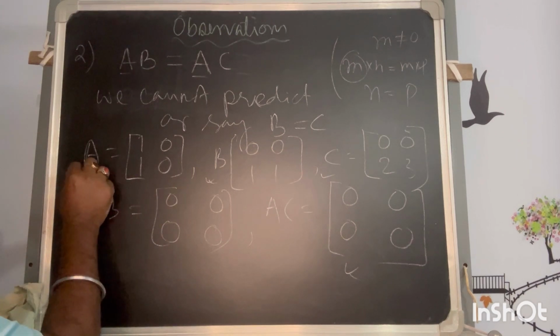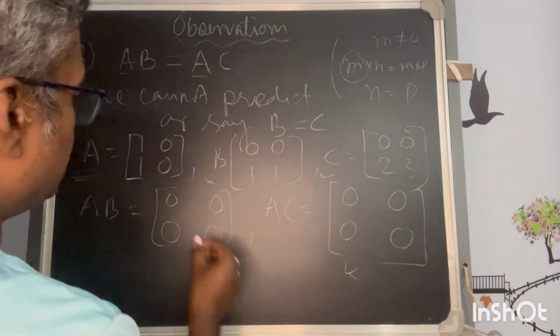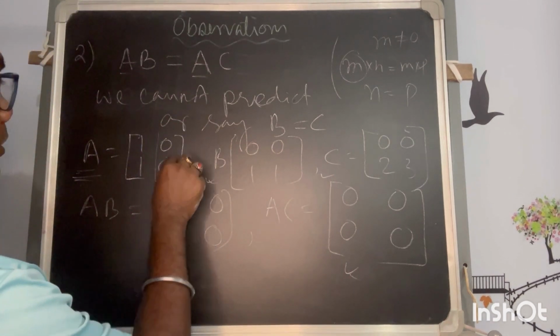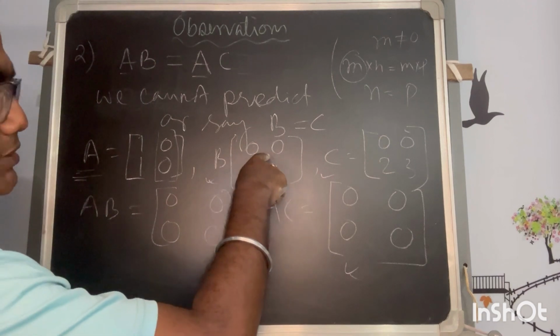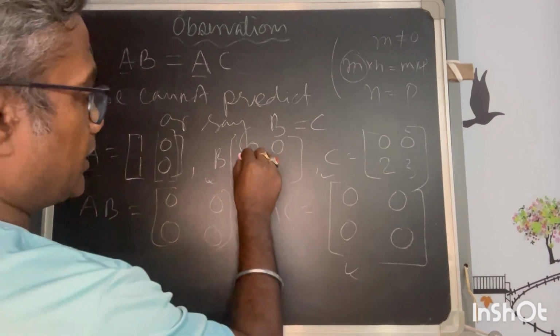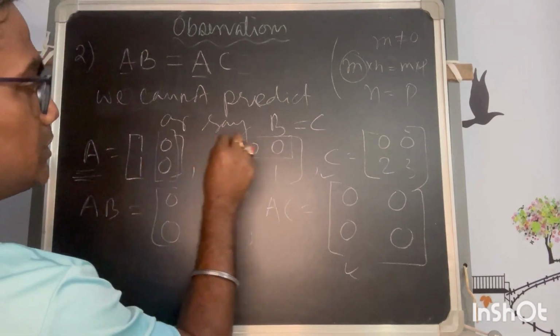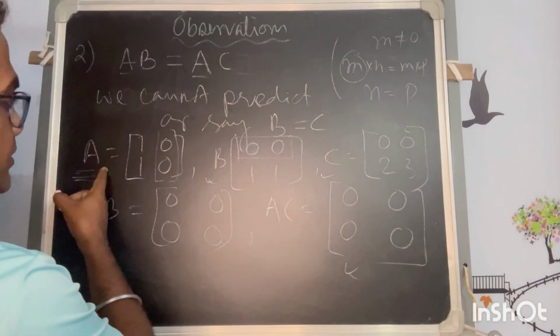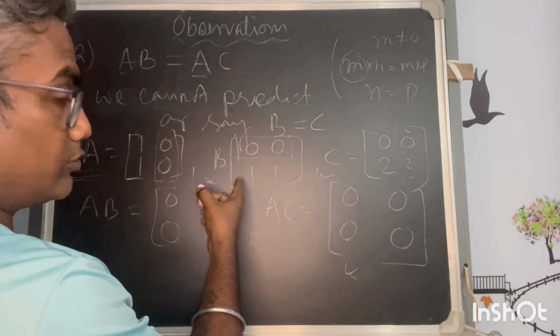The matrix which is common, and multiplied to both matrices, has one complete column of 0 elements, and the matrix with which I am multiplying has one complete row of 0. Here it is a column, here a row, because this comes first, and we know the column of the first has to be the same as the row of the second.